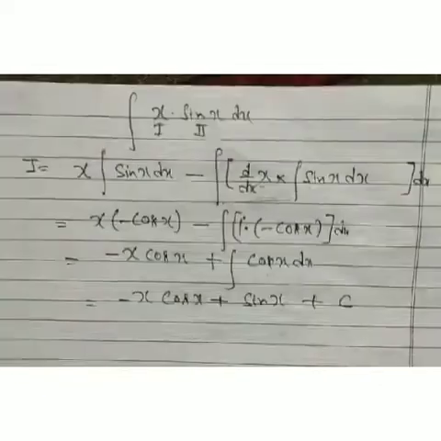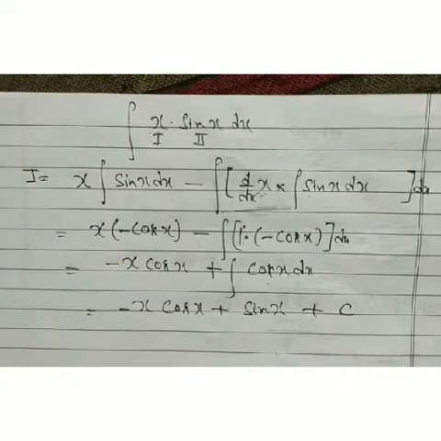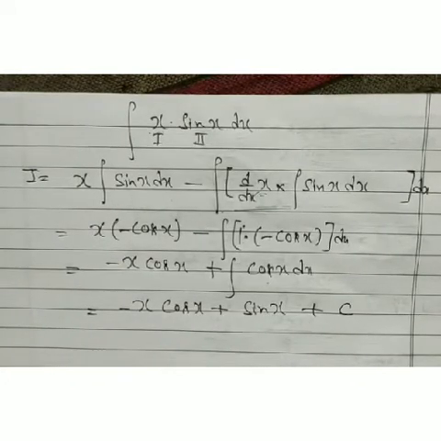I'm going to tell you the working rule again. First of all, we choose our first function and second function using the word ISLATE. Since it's a combination of algebraic and trigonometric, our algebraic is the first function. In terms of the word ISLATE, an algebraic function comes first, and then trigonometric. Then x is the first function and sin x is our second function.